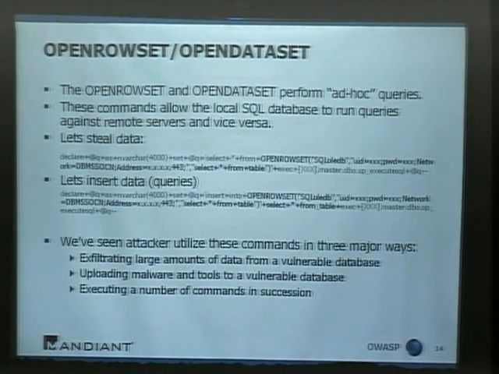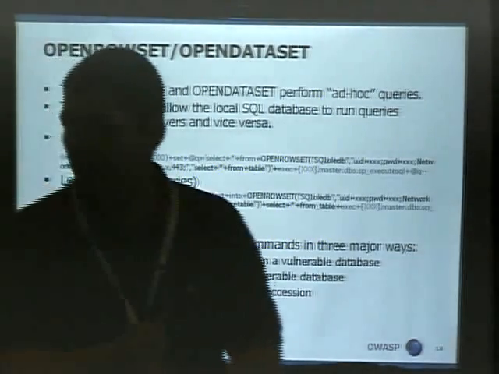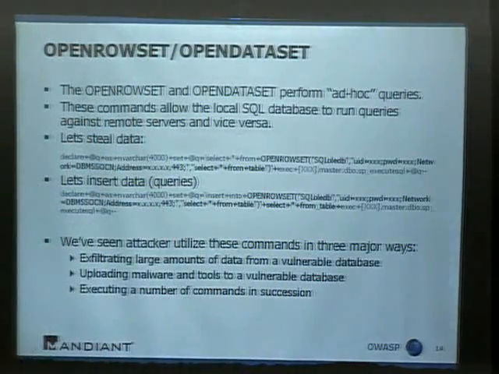So what we saw the attacker do, and we actually saw this in a number of cases that we've investigated, is have the vulnerable database connect out to a database that they control. Now what this would allow them to do is a number of things. The first instance is stealing data. So they're going to select all of the information from their local database and copy it to the database server that they control.